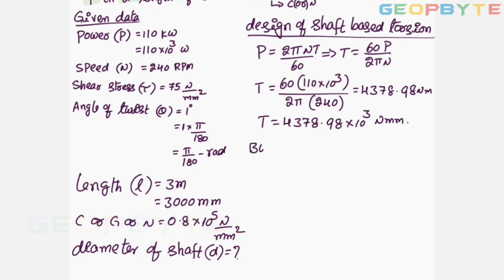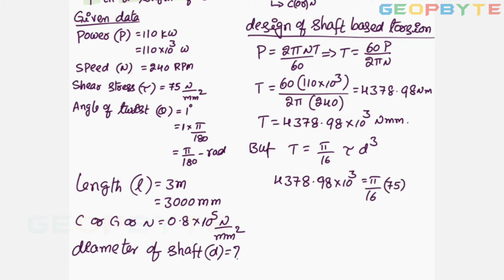But T equal to pi by 16 into tau into d cube. So 4378.98 into 10 raised to 3 is equal to pi by 16 into tau, which is 75, into d cube.